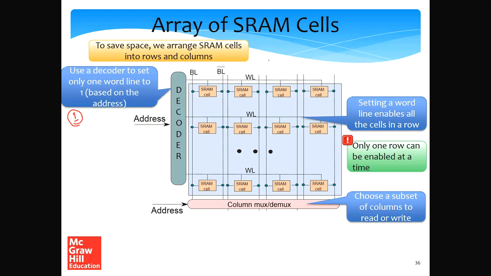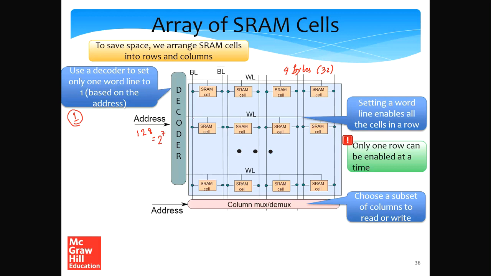Let's assume that each row can store one integer, which is 4 bytes. Since 4 bytes is 32 bits, we'll need 32 SRAM cells. And let's assume that there are 128 such rows. So 128 is 2 to the power 7.